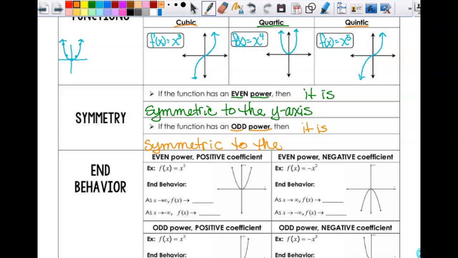Okay, I can take this and I can rotate it 180 degrees and then it would look the same, right? So basically if you took your paper and flipped it over, the graph's going to look the same. So that means that it has point symmetry about the origin. Okay. So the odd power it's symmetric to the origin.